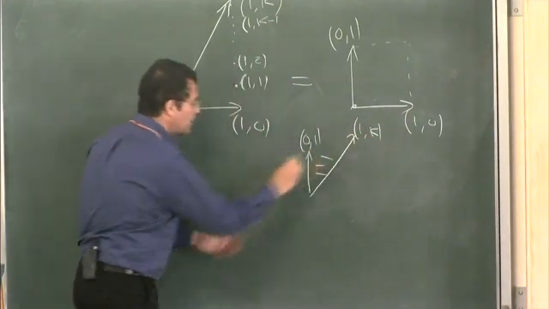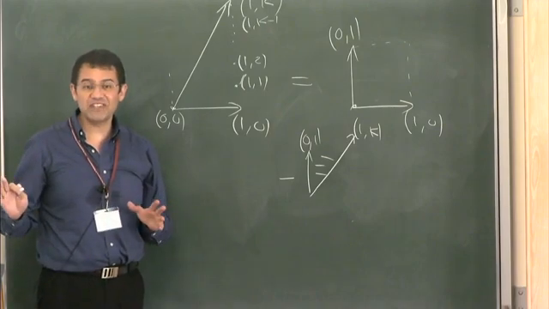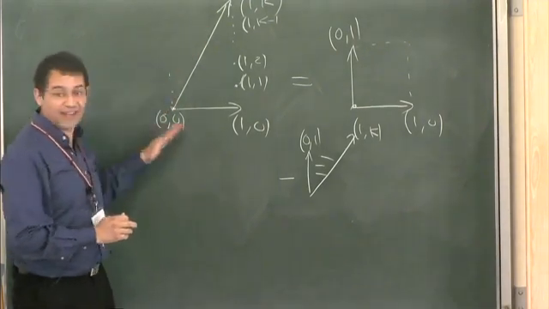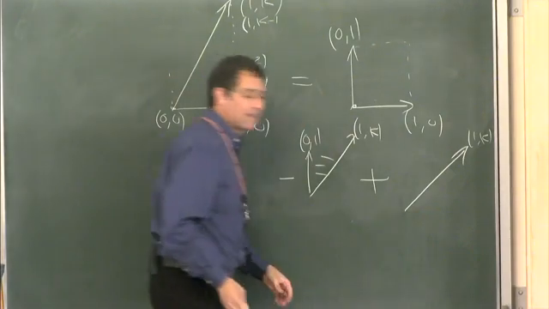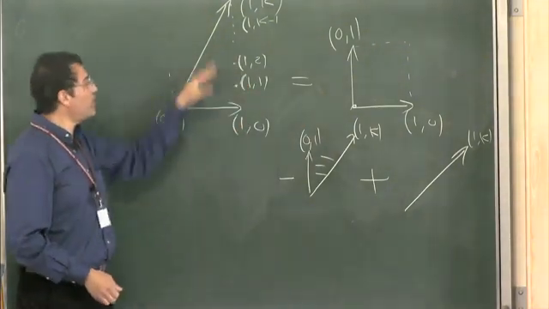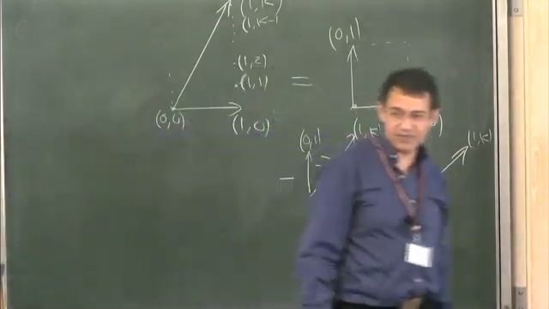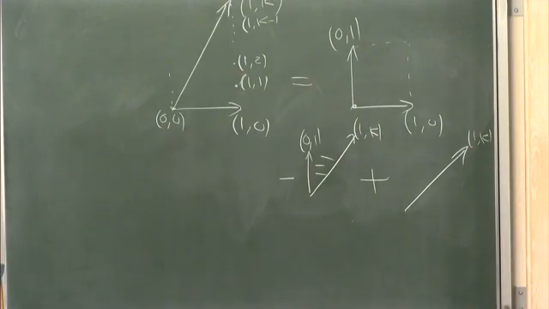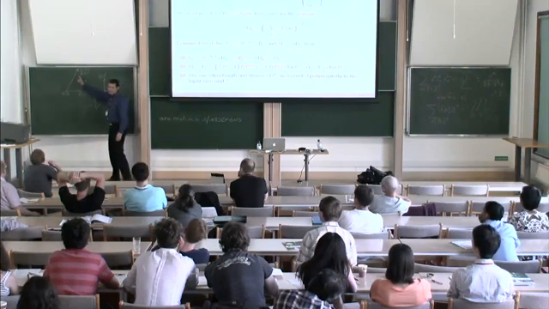So I subtract that. I'm not done yet. What am I missing? I subtracted too much on this ray, so I need to add just the ray 1, k. You see? So even though the number of lattice points is k minus 1, you can do better. And that's the point here: the logarithm of the number. There's an explicit bound that is really nice and much better than just the determinant.